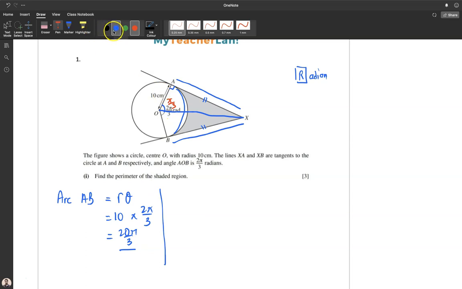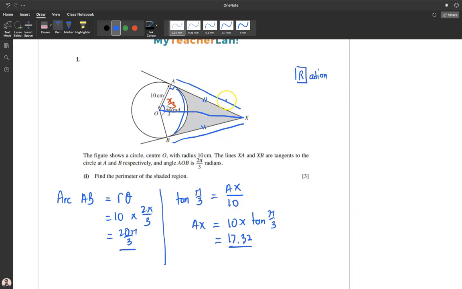Now, once I have that, all I need to do is utilize my trigonometry. So tangent pi over 3 must be equivalent to opposite over adjacent. Therefore, making AX the subject, I get 10 multiplied by tangent pi over 3, which gives me about 17.32. That's basically it.